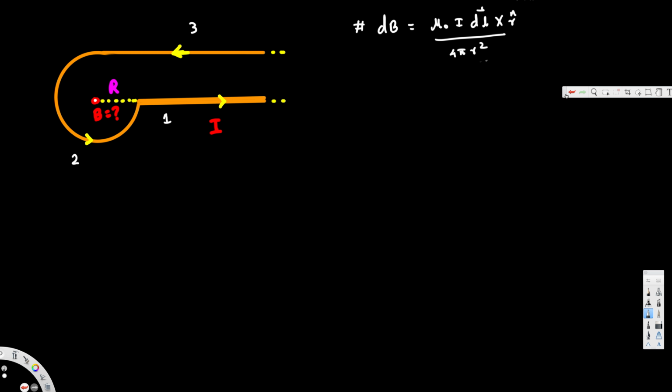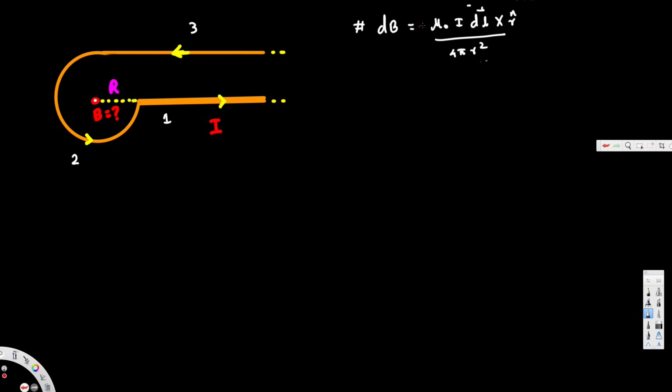Okay, this is the equation. Now let's look at dl cross r vector. dl is going along the wire's path, but this r vector is pointing toward the center. And if you look at it, this is going in this direction.